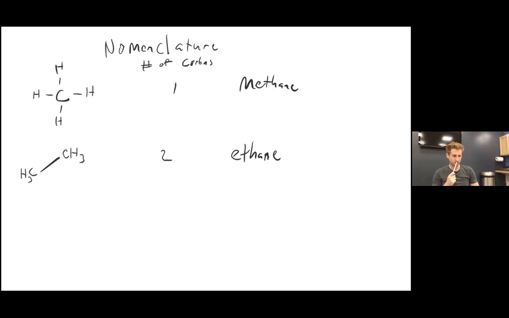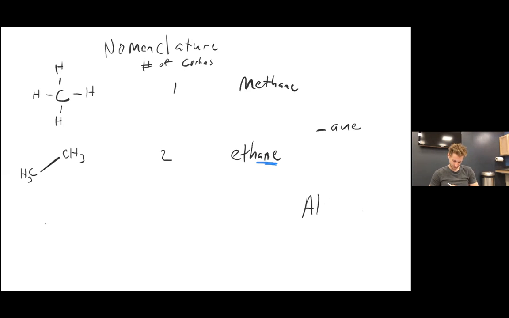In general, all of these are going to end with this A and E term. This comes from alkane. In the future, when we start doing double bonds, like a double bonded two carbons, this would be an ethene because it's an alkene, but I'm not going to talk too much about that today.